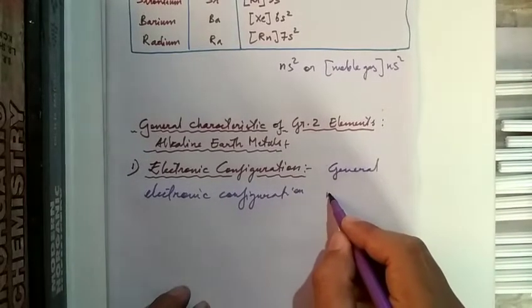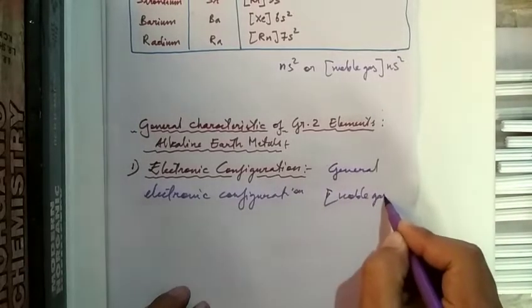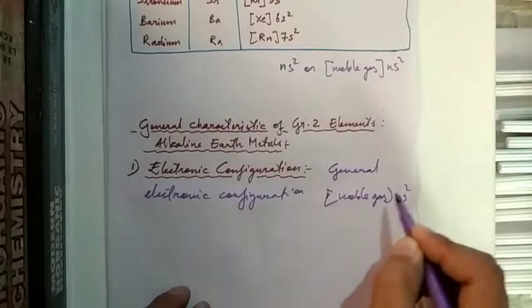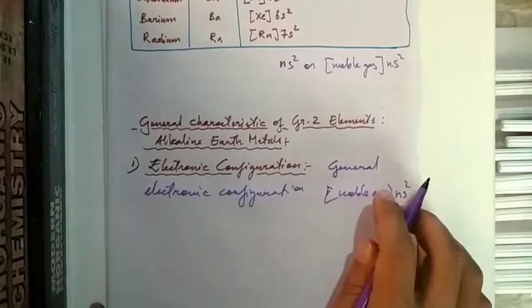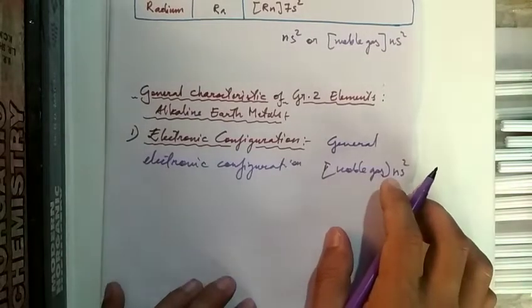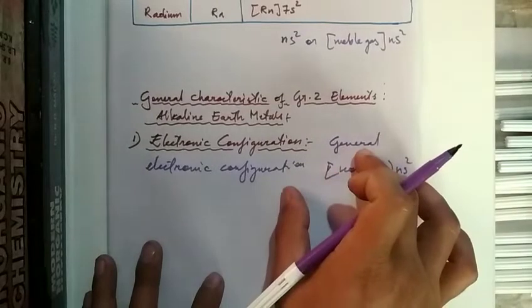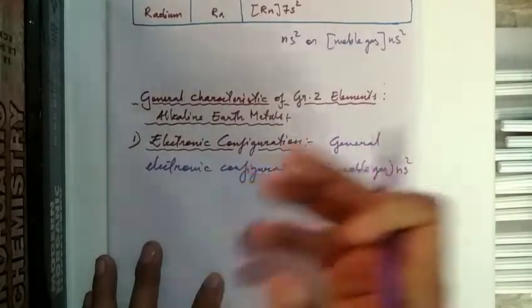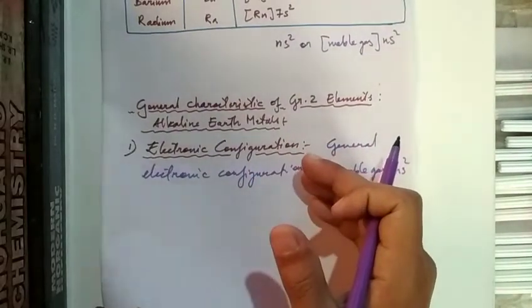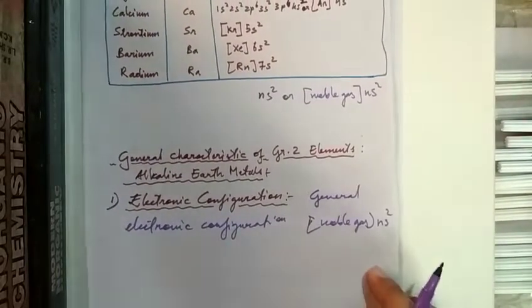Let's follow your textbook, which gives noble gas and then ns2. Like alkali metals, they are also ionic in nature, so they mostly come in ionic form.